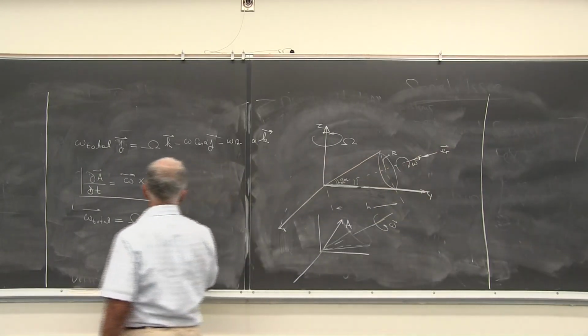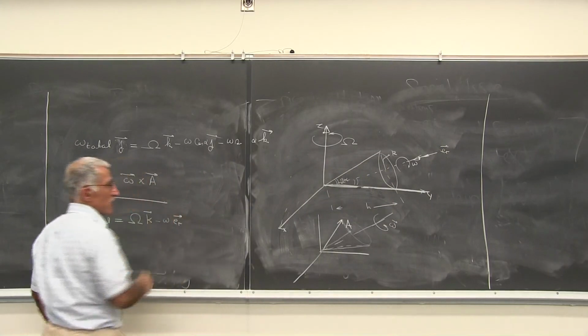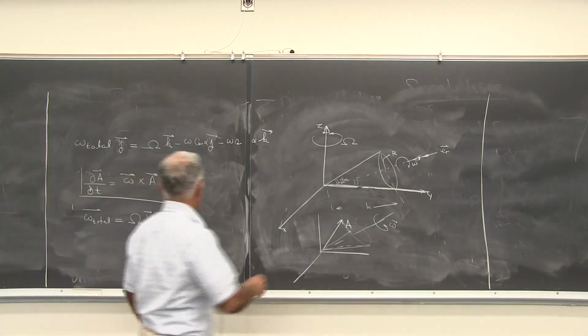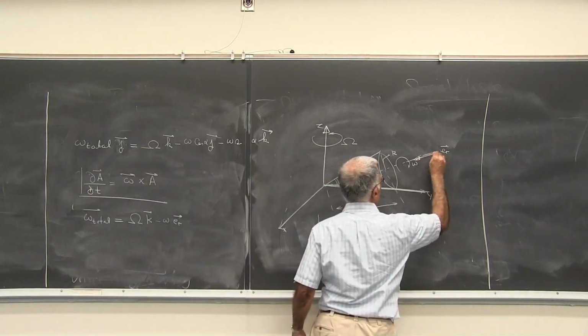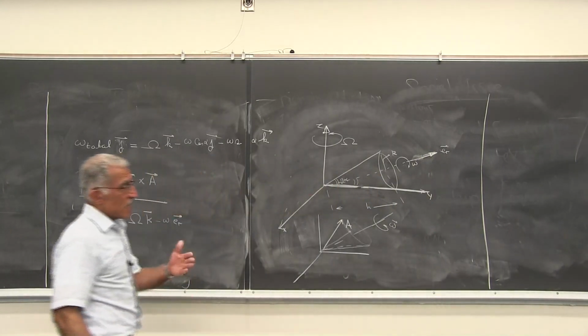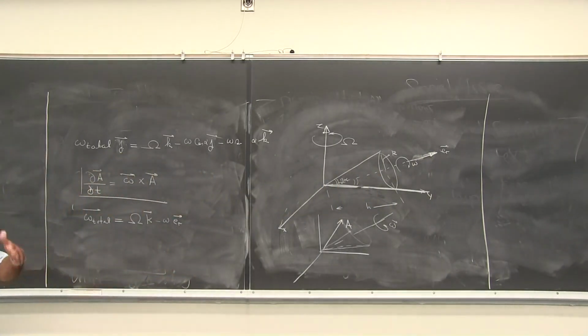So you can say minus omega ER. And of course, at this instance, ER is, let's put the ER here, positive. And at this instance, ER is cosine alpha j plus sine alpha k.